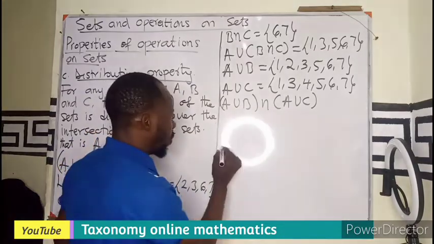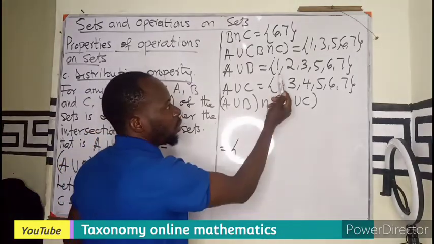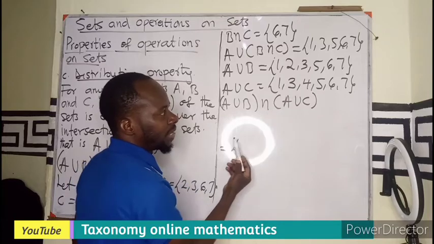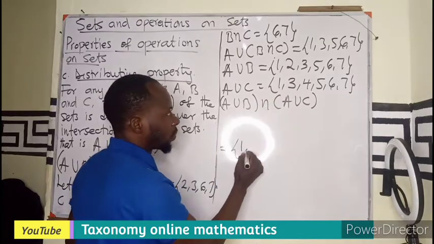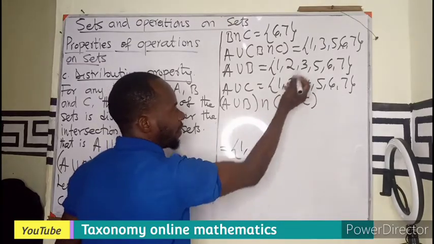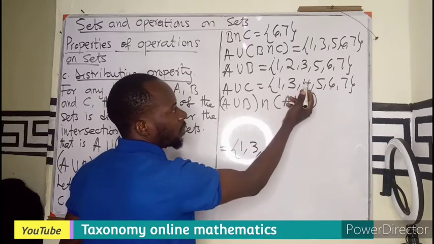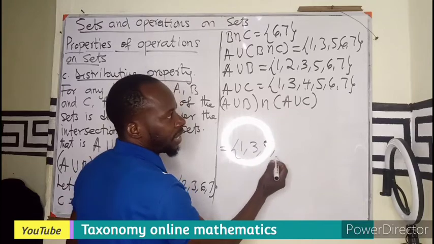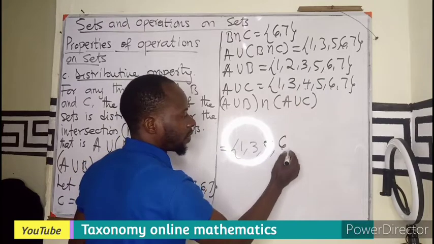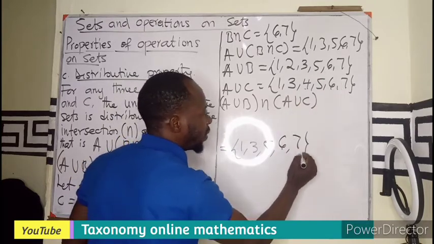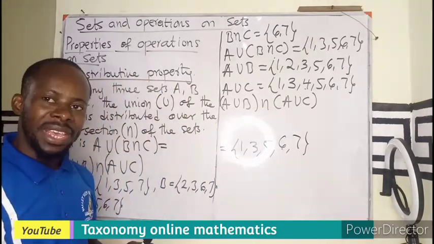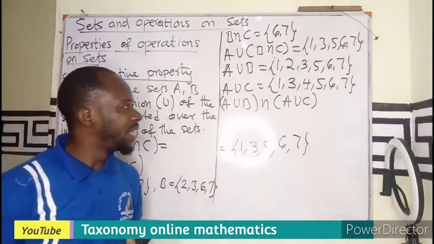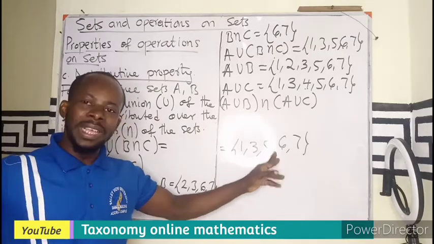So 1, 1; 2, no; we have 3; 5, yes, we have 5, but no 4, so 5 will be taken; 6, 6; 7, 7. So A union B intersection A union C gives us 1, 3, 5, 6, 7.